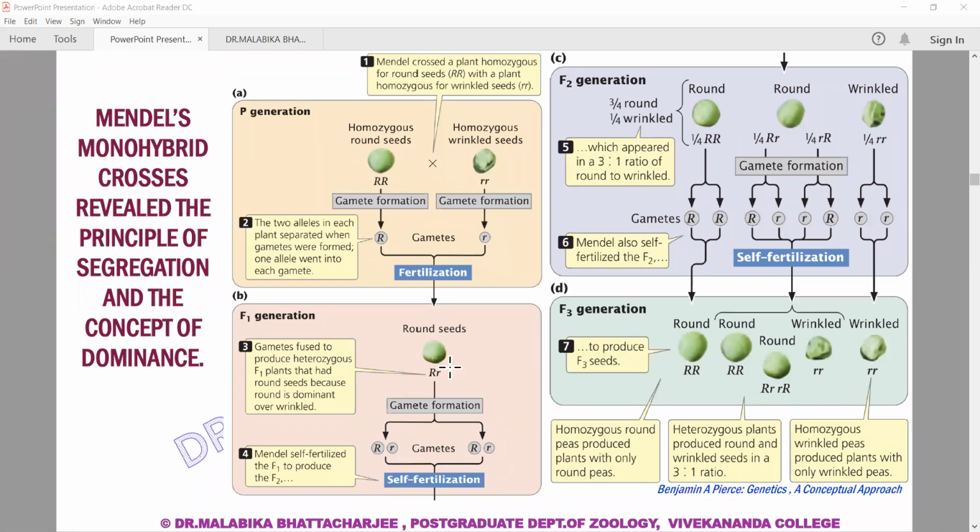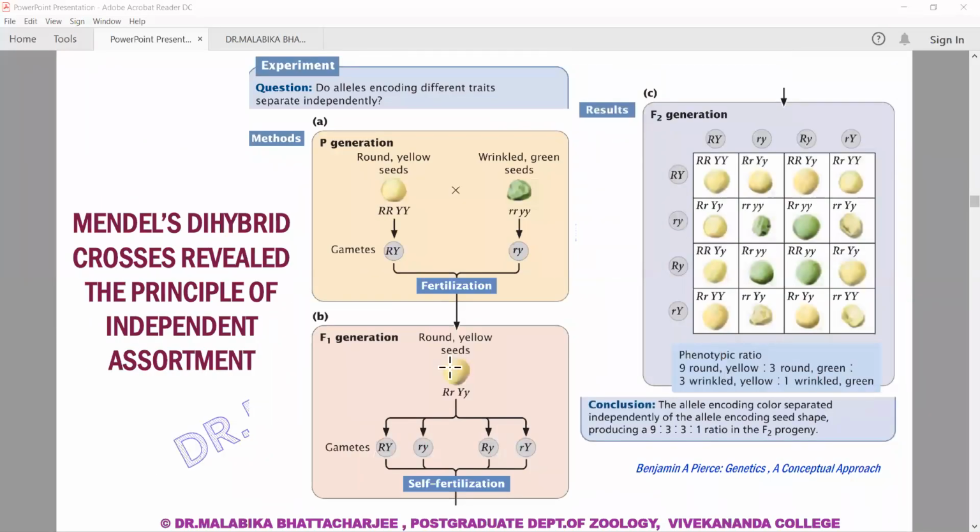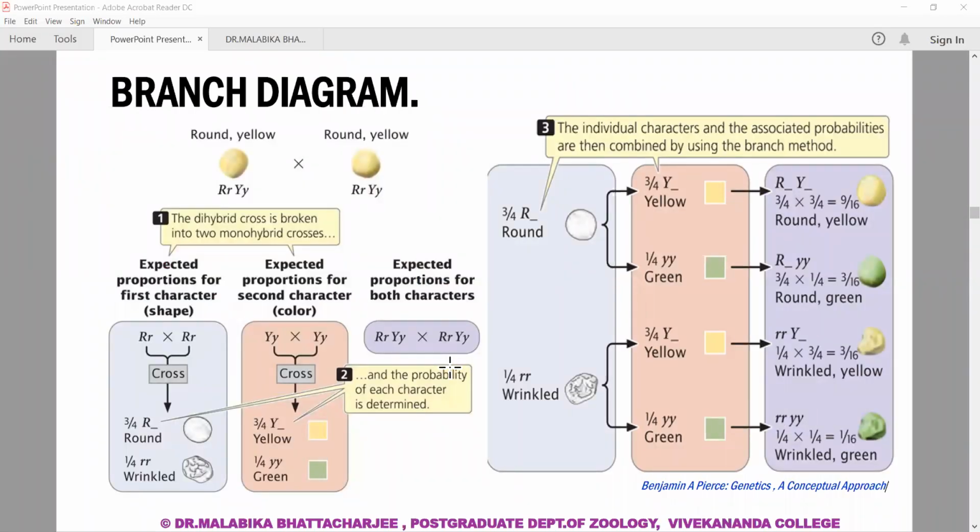When we go by the dihybrid experiment, as we started with today, the main theory that came up from this experiment was the principle of independent assortment, which tells us that the alleles at each locus separate independently. So capital R and small r are separating in an independent manner and segregating in a definite pattern, and capital Y, small y are also segregating in a definite pattern.